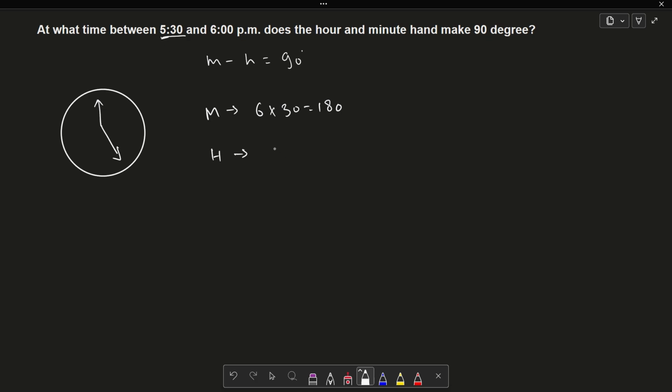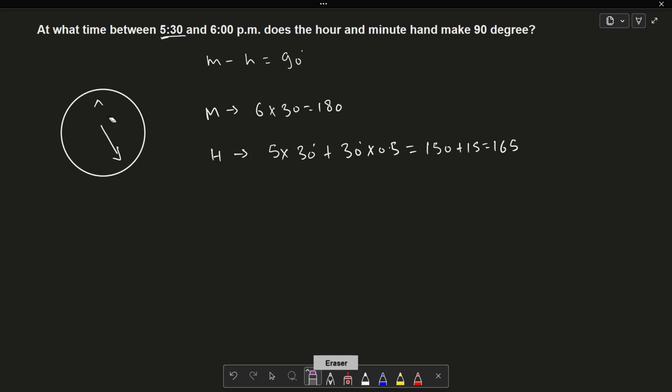So for 5 hours, we have 30 degrees per hour, plus for the 30 minutes it has covered some degrees, which is 30 into 0.5 degrees per minute for the hour hand, okay. So which is 150 plus 15, which gives me 165, okay.